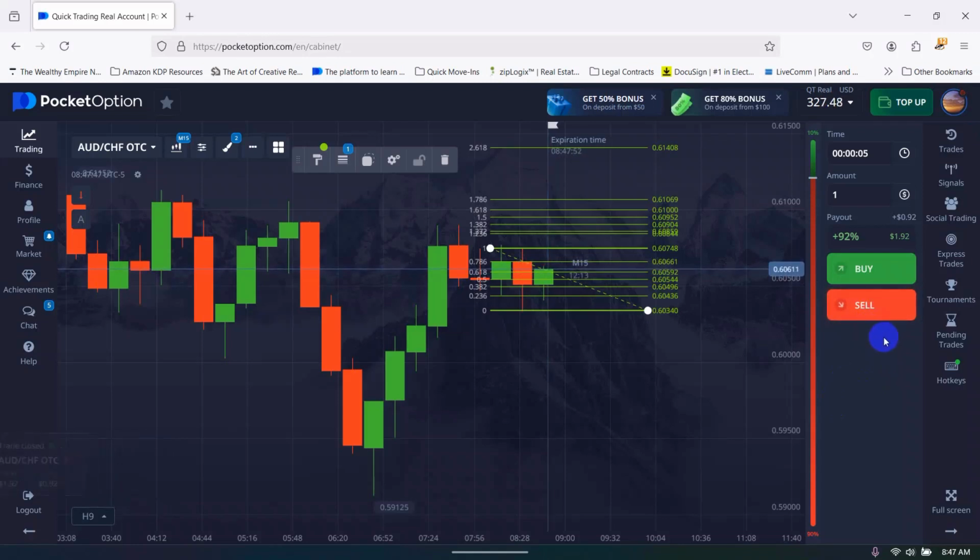Okay. And it's trying to get up here to the 70% line. And you see it went up there and jumped down. Let's see. Okay, it jumped back down. Okay.